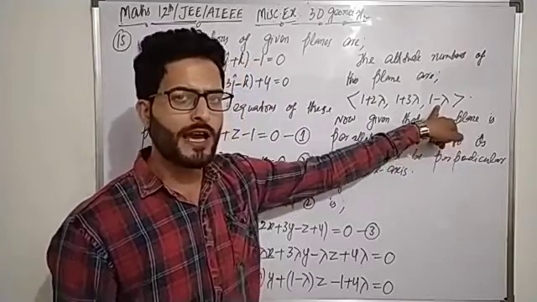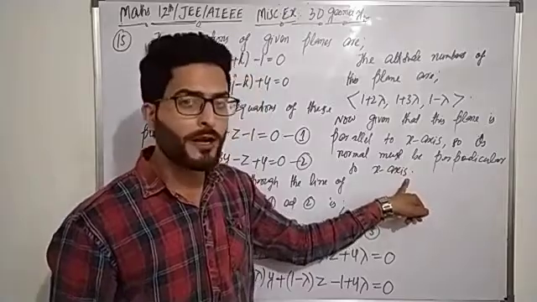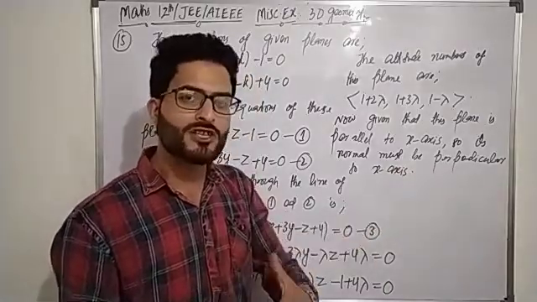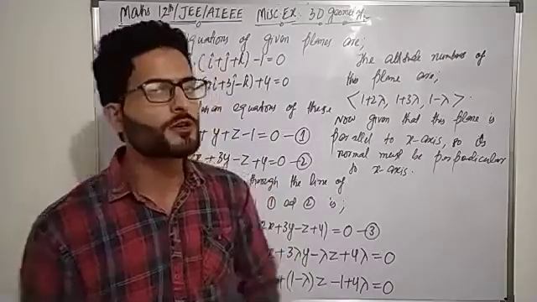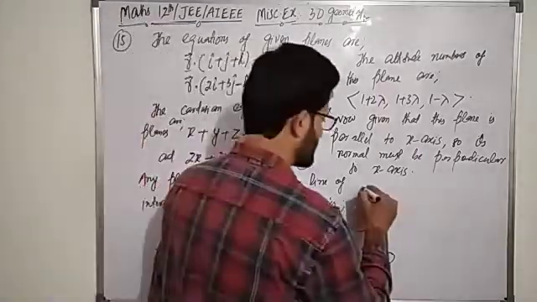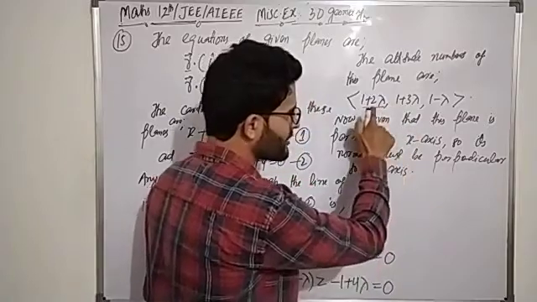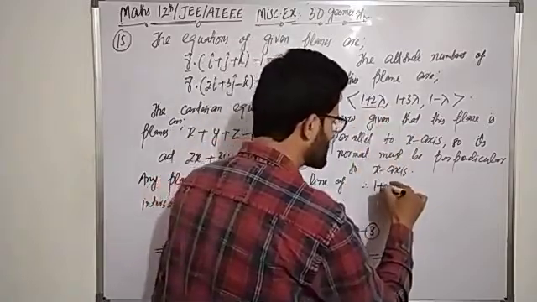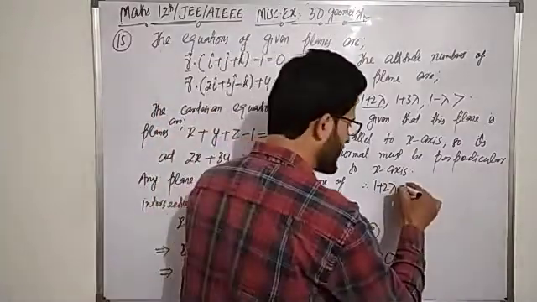लेकिन एटीट्यूड नंबर क्या होंगे? डायरेक्शन रेशियोज ऑफ द नॉर्मल. और नॉर्मल एक्स एक्सिस पे परपेंडिकुलर है तो एक्स एक्सिस के डायरेक्शन रेशियोज और इस नॉर्मल के डायरेक्शन रेशियोज का सम ऑफ प्रोडक्ट 0 के बराबर होगा. सो देयरफॉर इसके नॉर्मल का पहला डायरेक्शन रेशियो क्या होगा? 1 plus 2 lambda. एक्स एक्सिस का पहला डायरेक्शन रेशियो क्या होगा? 1.